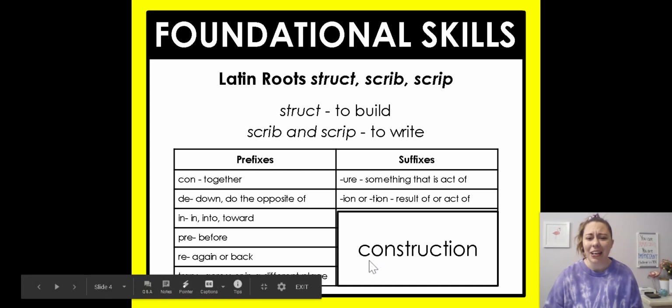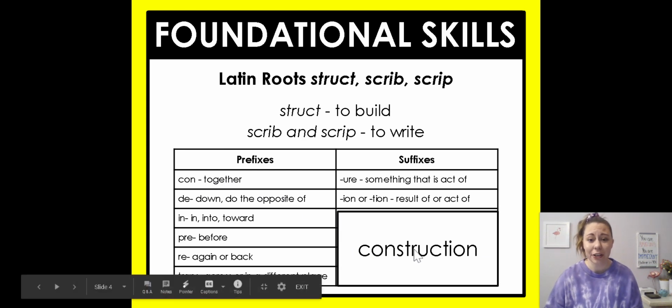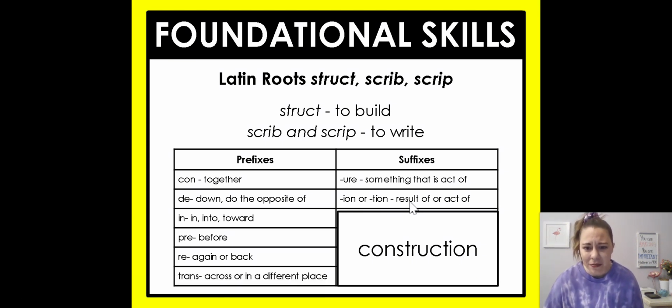Then I see a prefix here, con, C-O-N. Just like the last time, we know that means together. So together, to build. But then I have T-I-O-N here on the end. Oh, I see that right here. It says the result or act of. So let me think. I have together, to build, the result or act of. Sometimes you might have to change the order of those a little bit.